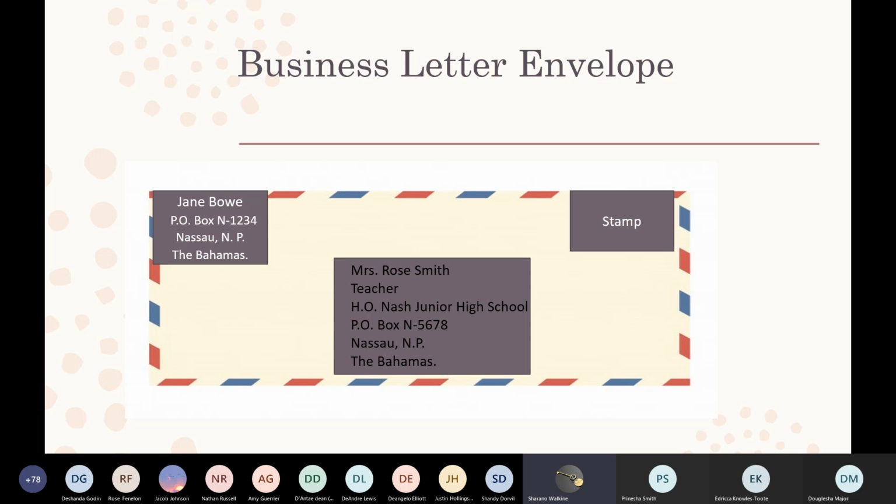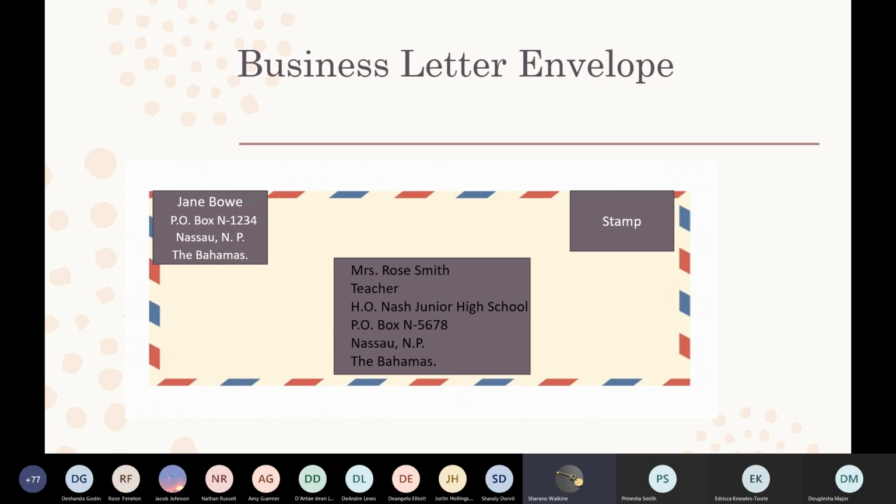So yeah, Jane Bow, P.O. Box. Notice that your information goes in the upper left corner: Jane Bow, P.O. Box, Nassau, N.P., the Bahamas. And the information of the person who is going to receive your letter goes almost smack dab in the middle, but not quite.